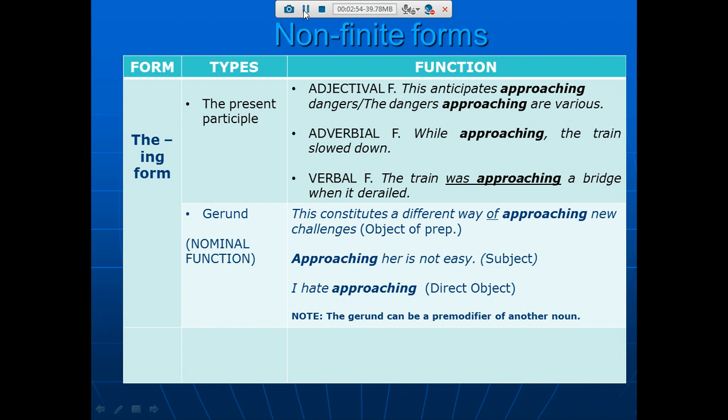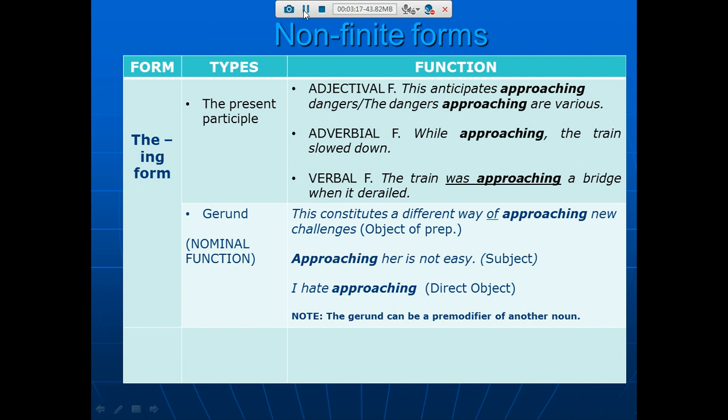It can also have adverbial function. While approaching, the train slowed down, meaning while it was approaching the station or whatever. And finally, it can also have verbal function, that is to say, it can be part of a finite verbal phrase. The train was approaching a bridge when it derailed.